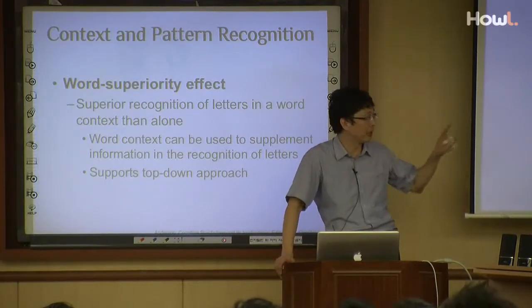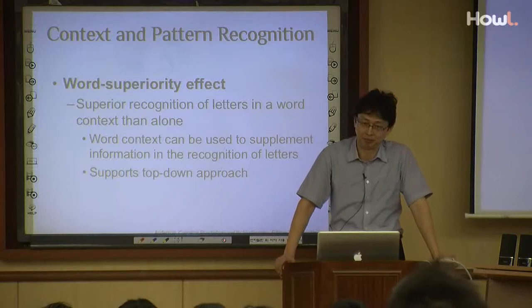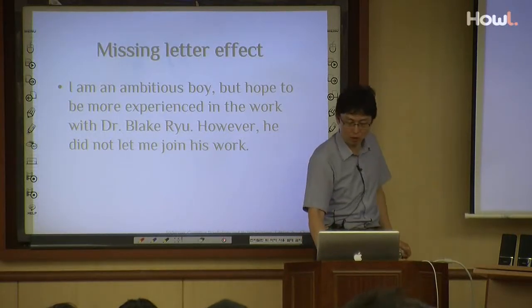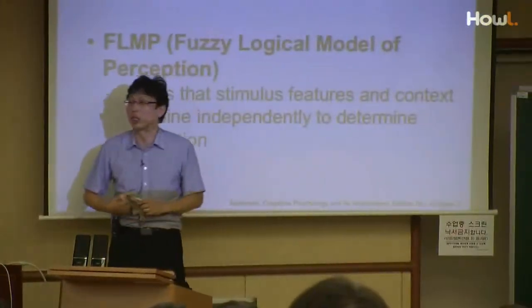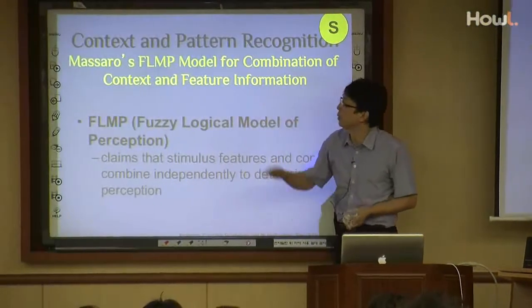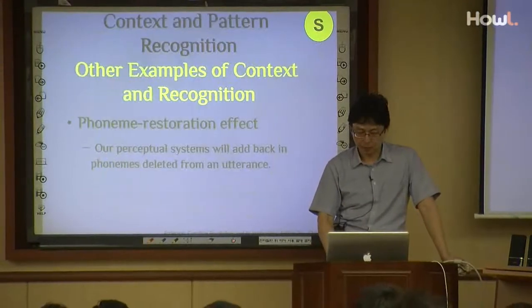So I can interpret these two things with attention next week. Okay, that's it. Our textbook also talks about a computational model, Massaro's ML model, for combination of context and feature information. You can have a look.